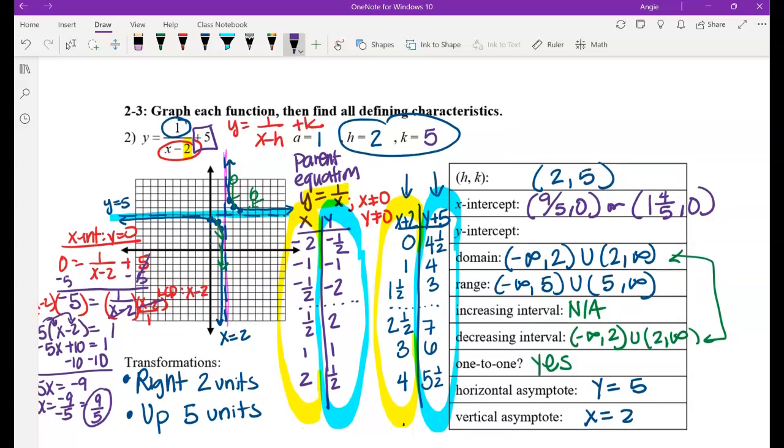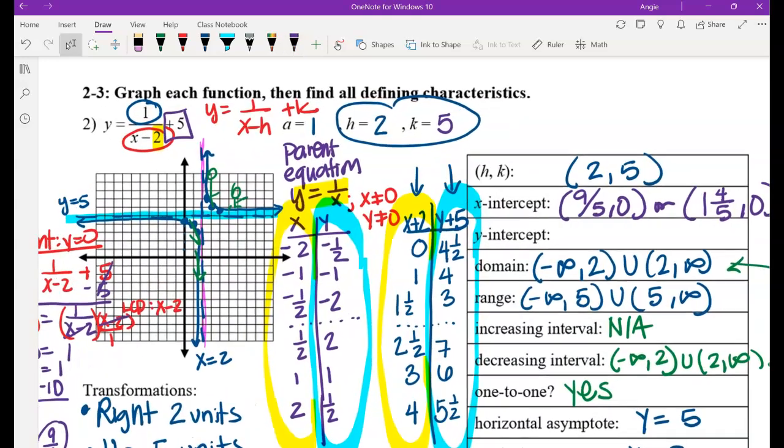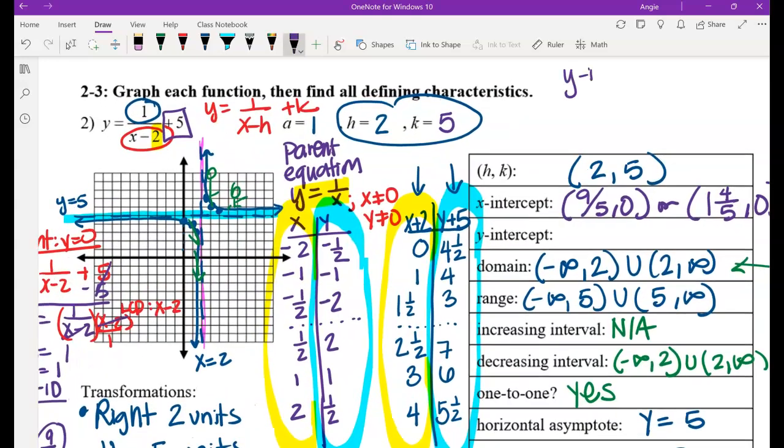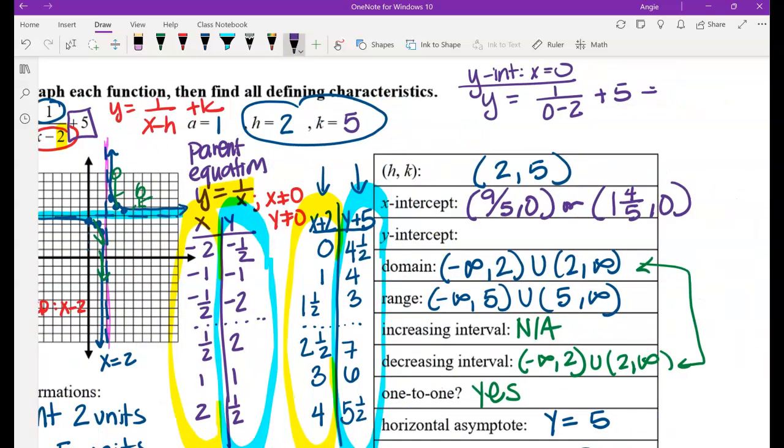Y-intercept, guys, is a little bit easier. So we'll do y-intercept right here on the top. Y-int is when x equals 0. So we are going to take y equals 1 over 0 minus 2, plus 5. Well, 0 minus 2, guys, is going to be a negative 2. So this allows us to say y equals 1 over negative 2, plus 5.